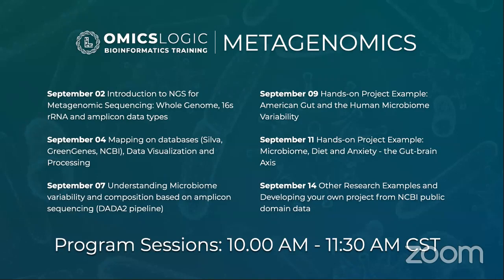In the second week, we will start seeing different project examples like the American Gut and the Human Microbiome, the diet and anxiety relationship as an example, with different types of disease studies, and other research examples that are based on treatment variation and intervention.